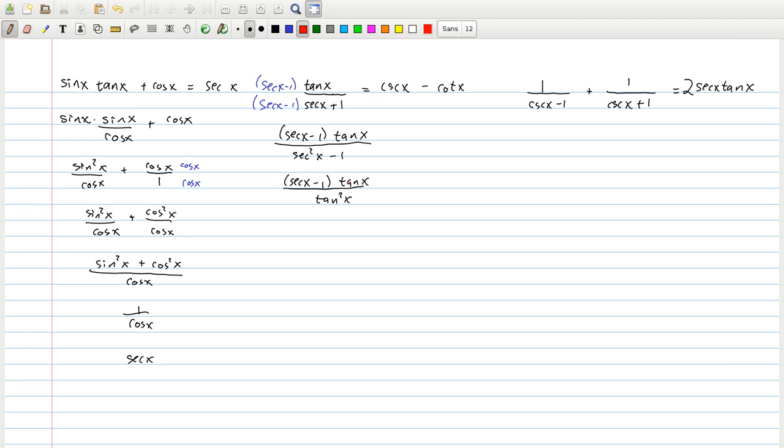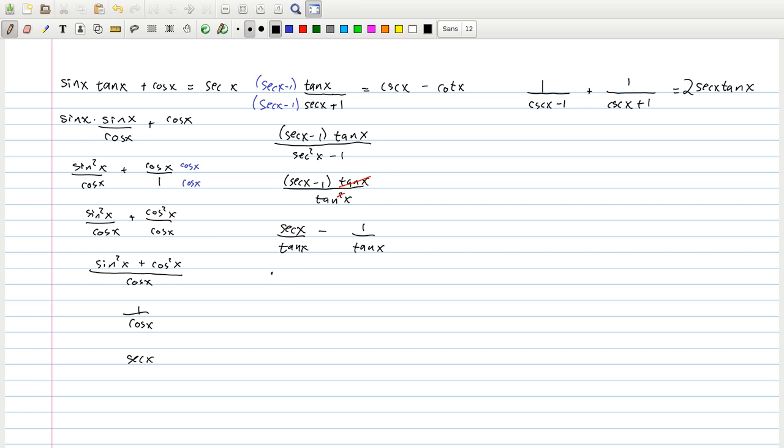Next, we can reduce this by canceling out one of the tangents. And then I see that the right-hand side has two separate terms, so I want to break this into two separate fractions. Secant x over tangent x minus 1 over tangent x. Now secant x over tangent x, to simplify this, maybe it would help to write this in terms of sines and cosines.